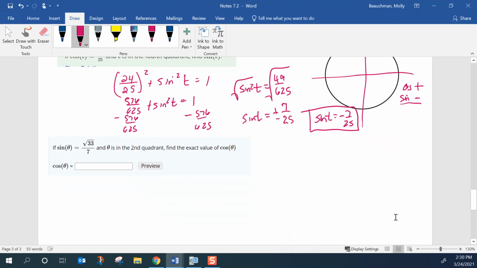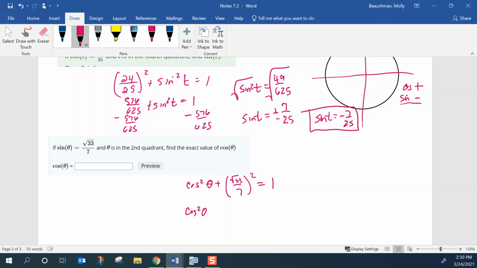All right, last example. If the sine is equal to the square root of 33 over 7, and you know your angle is in the second quadrant, find the exact value of the cosine. So we take our same identity, cosine squared theta plus the sine, square root of 33 over 7, squared is equal to 1.